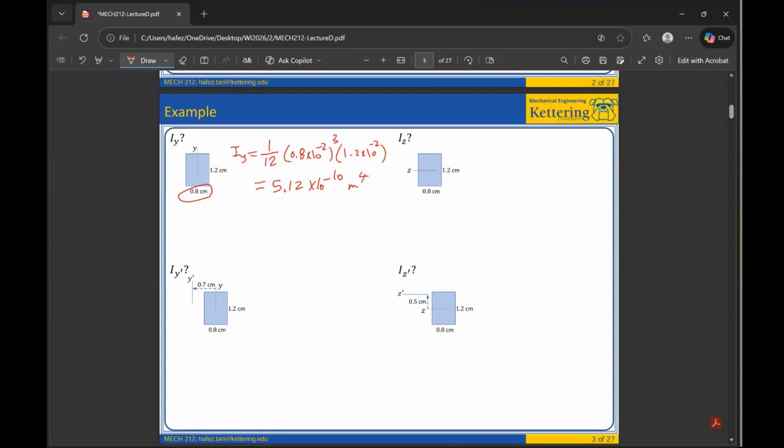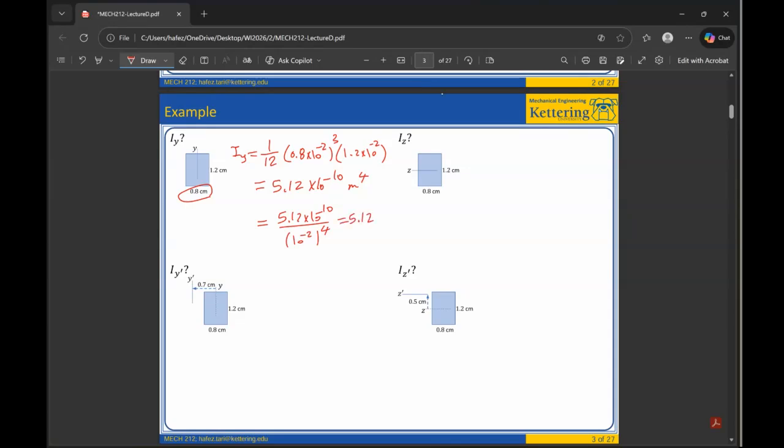All right, so as you guessed, when you want a particular prefix like centi, you divide by centi, right? But there's one little catch, centimeter to the fourth. So you should divide by centi to the fourth. So it should be 5.12 times 10 to negative 10, divided by 10 to negative 2 for centi, right? But because it's centimeter to the fourth, you have to divide by 10 to negative 8.